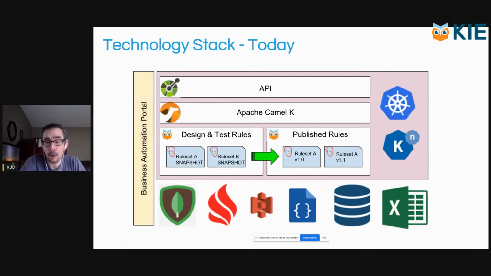We use Camel to allow users to build their own integrations and tie different rule sets together, as well as pull data from other systems or other APIs if they want. And we follow a very classic design and test, build the jar, push that out, publish it, and then expose it automatically.